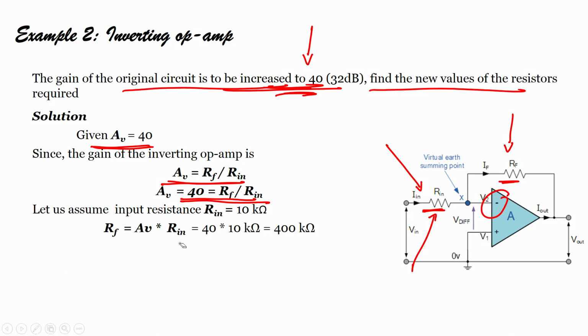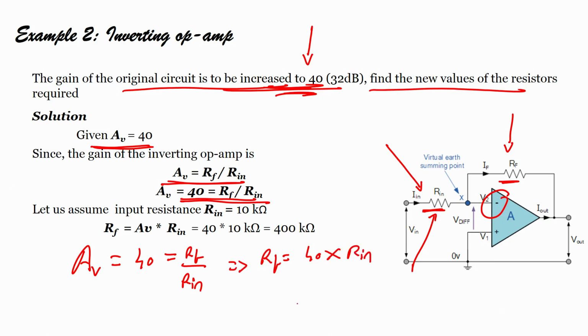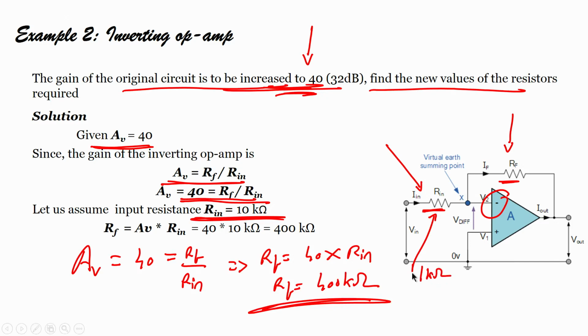I have this formula, AV equals 40 equals RF by Rin, which implies RF equals 40 into Rin. If I assume Rin to be 10 kilo ohm, my RF would be 400 kilo ohms. Very easy, super easy, right. If I consider Rin as 1 kilo ohm, then my RF would be 40 kilo ohms.